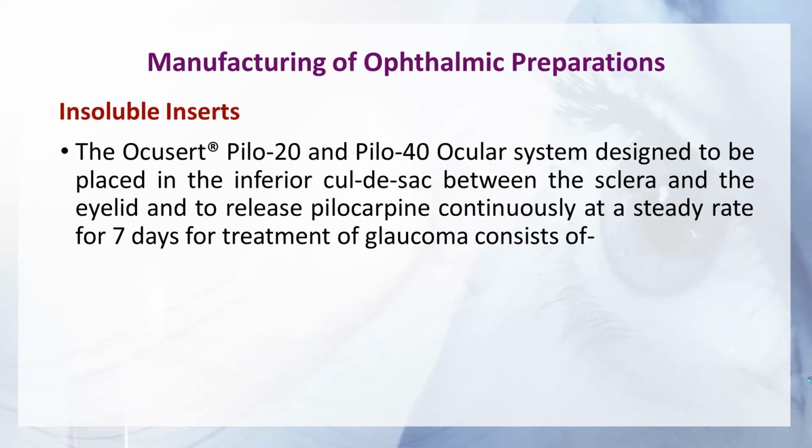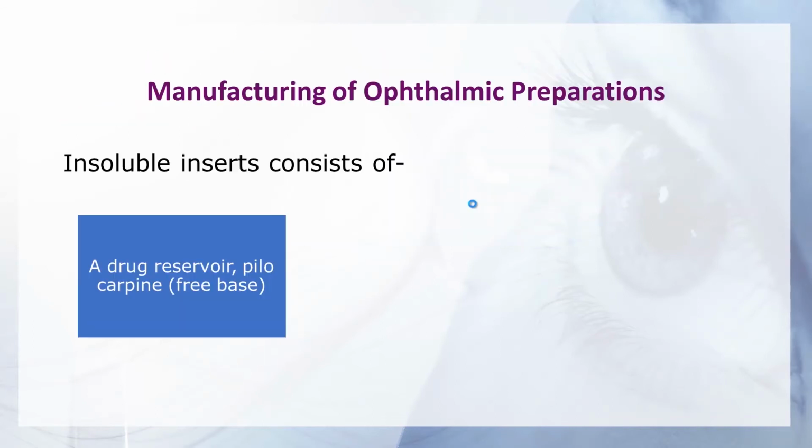One example is Occusert Pilo 20 and Pilo 40, an ocular system designed to be placed in the inferior cul-de-sac between the sclera and the eyelid and to release pilocarpine continuously at a steady rate for 7 days for the treatment of glaucoma. What does it consist of?